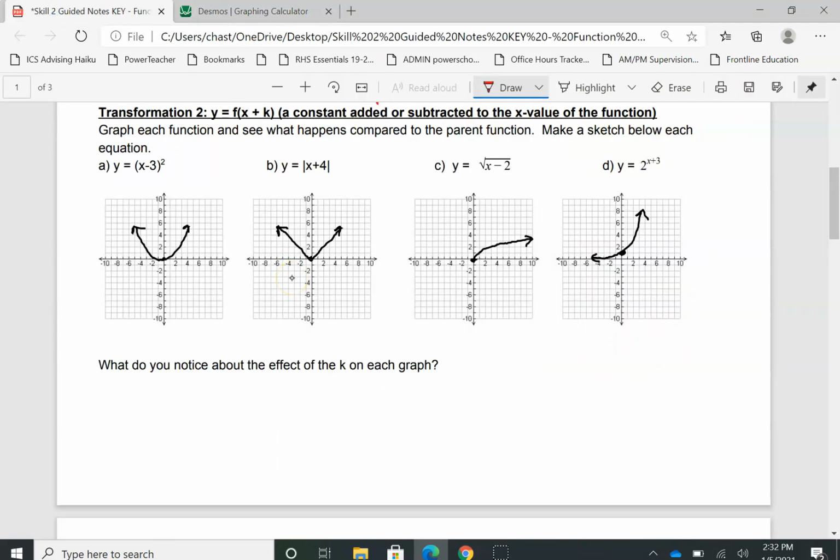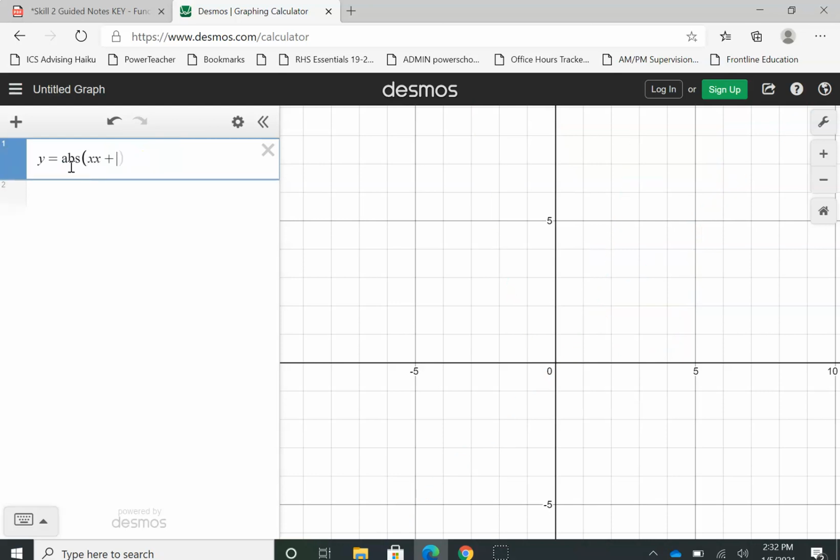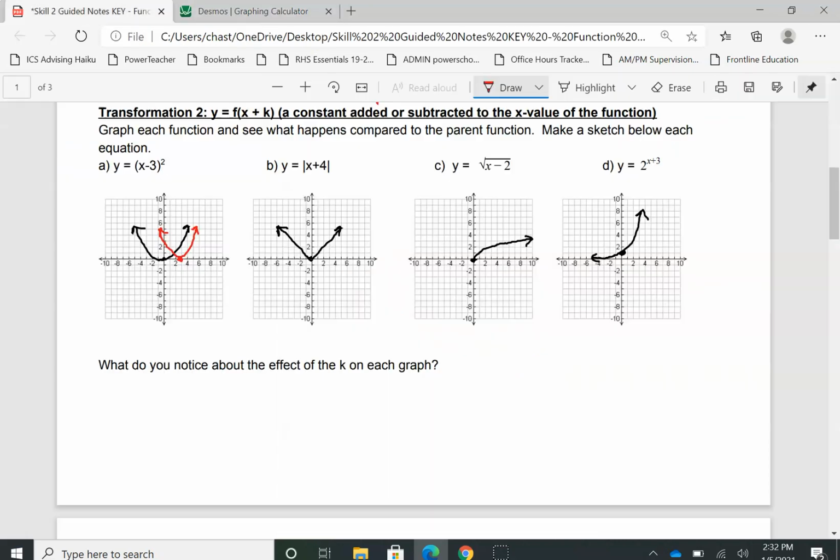Okay, so the graph goes to the right 3 units. For the absolute value of x plus 4, remember we type in ABS. And notice that the graph shifted over to -4. So we went left 4 units.